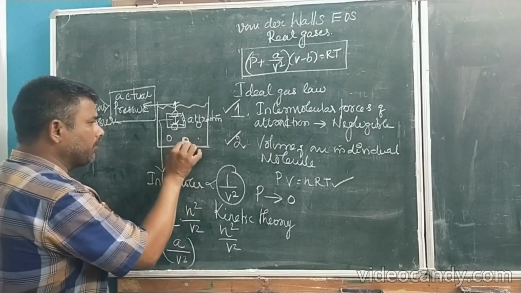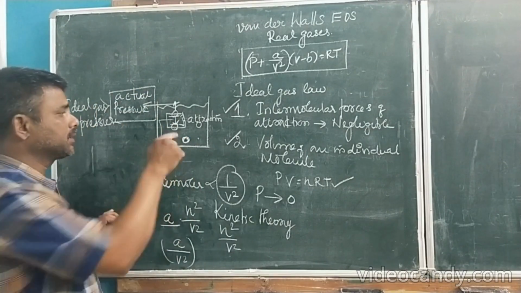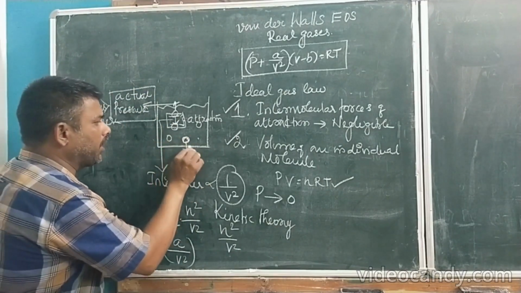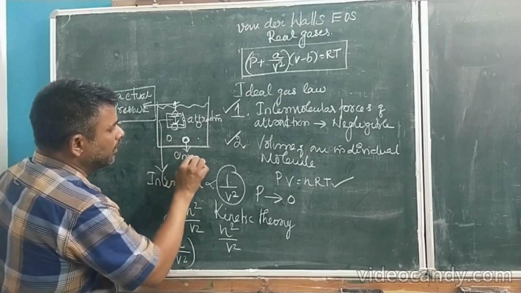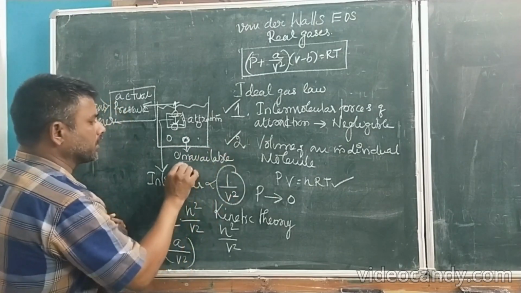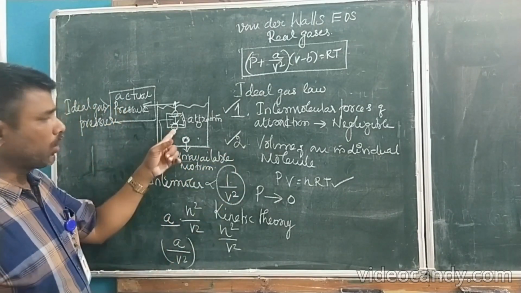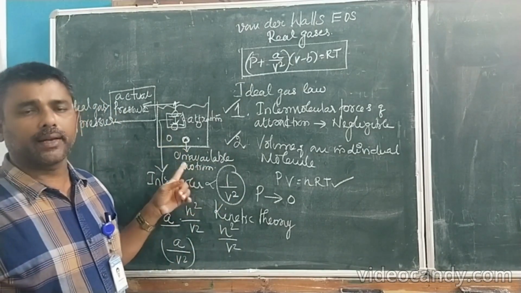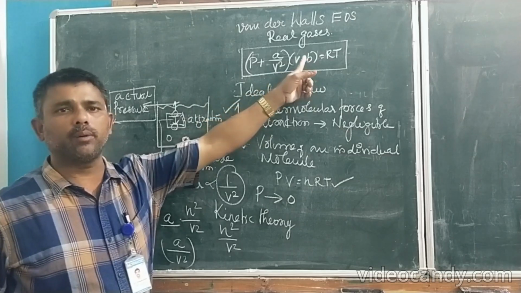So the volume of the molecule should be excluded, because this volume is unavailable for molecular motion or movement. Hence a correction term should be involved in volume. That is, volume should be excluded: V − b.